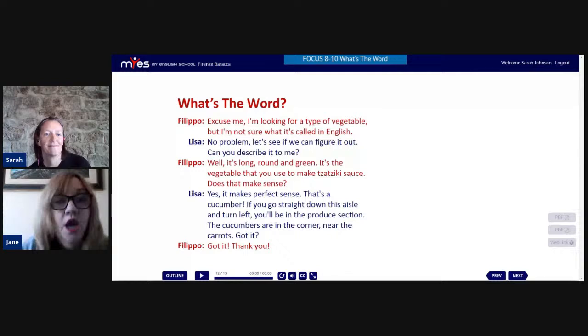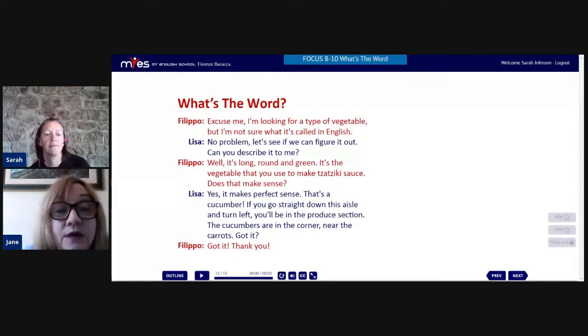Excuse me. I'm looking for a type of vegetable, but I'm not sure what it's called in English. No problem. Let's see if we can figure it out. Can you describe it to me? Well, it's long, round, and green.